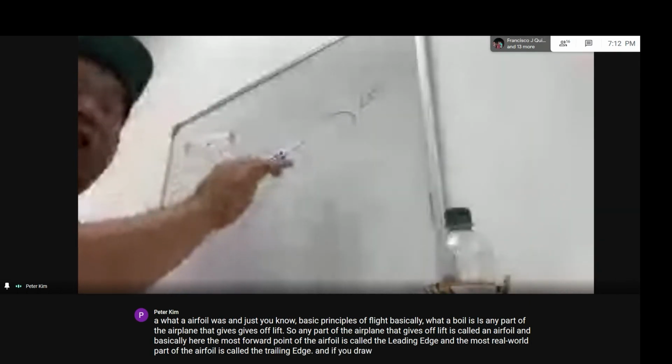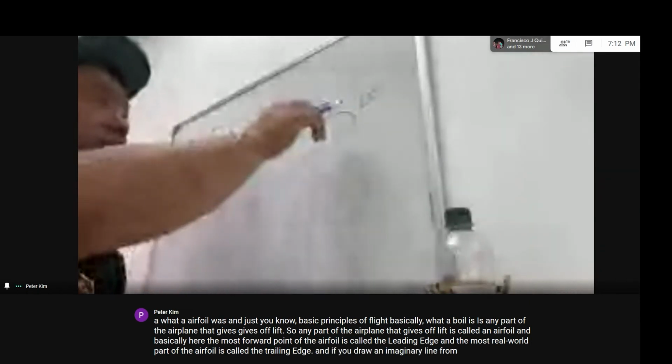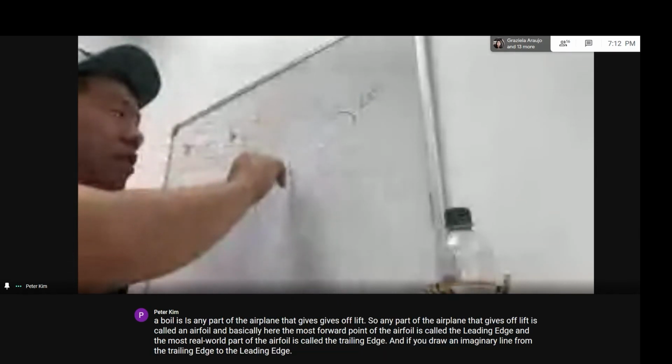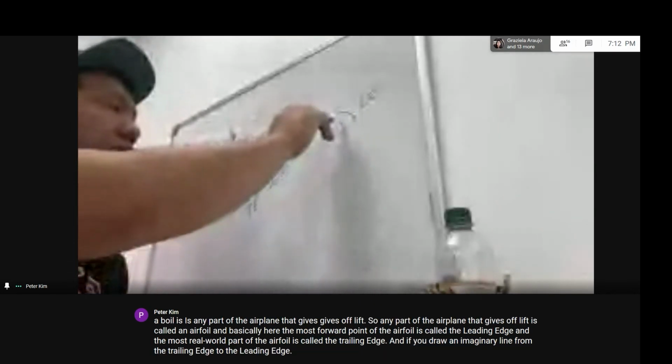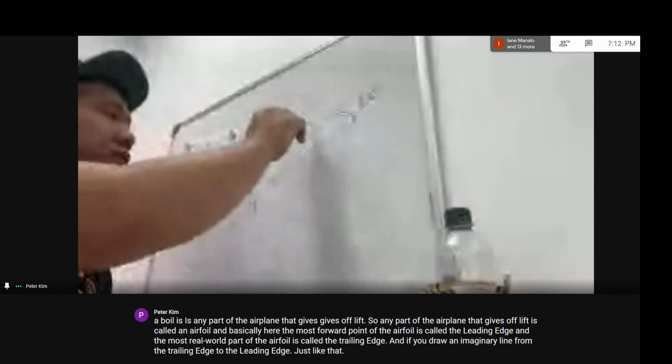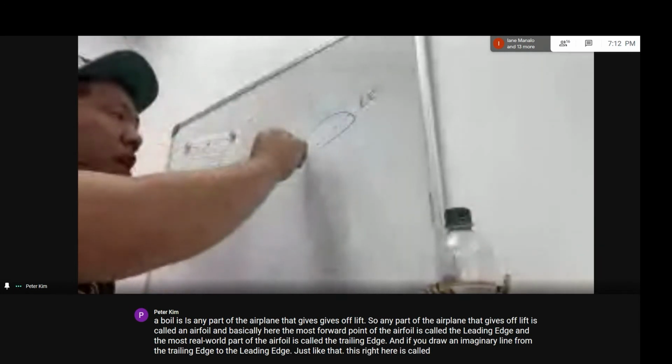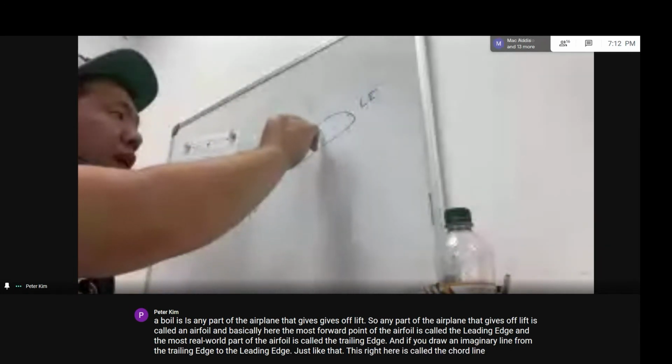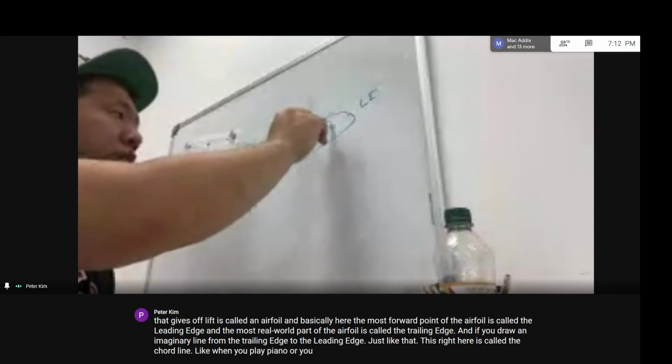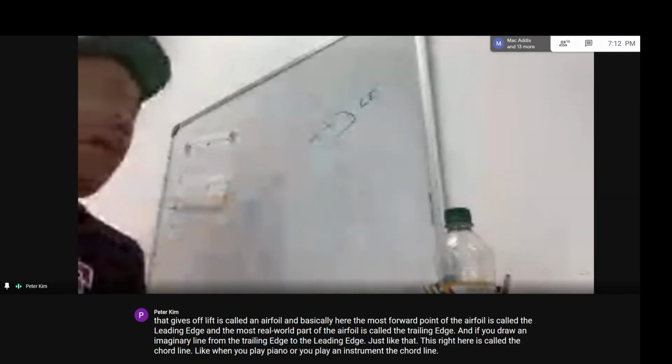If you draw an imaginary line from the trailing edge to the leading edge, just like that, this right here is called the chord line. Like when you play piano or an instrument, the chord line.